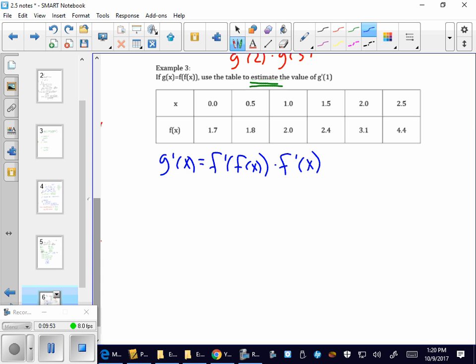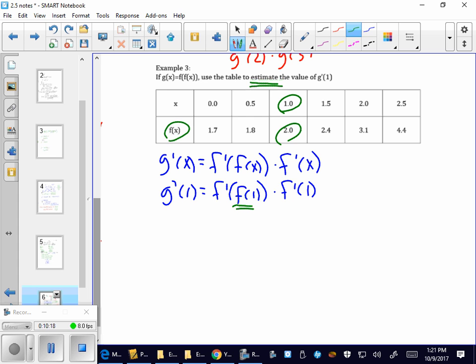So when I go to find g prime of 1, it's f prime of f of 1 times f prime of 1. The only thing I can actually find is f of 1. This I can actually do. Here's my function when x is 1, so the value is 2. So what I can do is f prime of 2 times f prime of 1. This is where the estimation comes in.